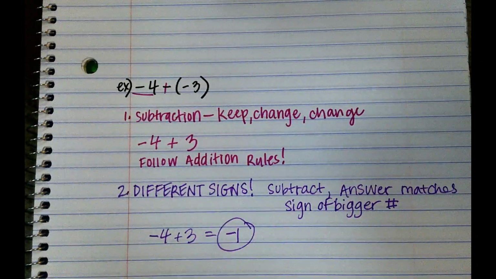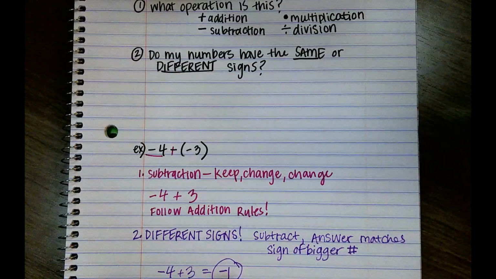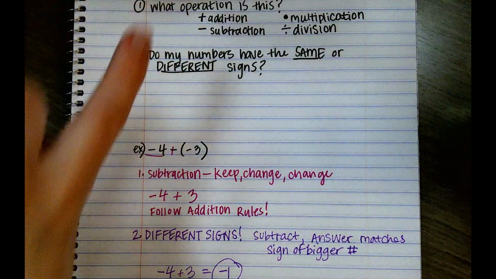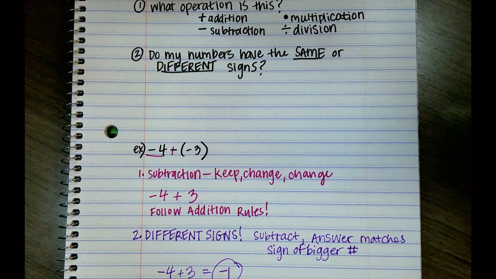So sometimes just going through and making sure we're following these questions that we ask ourselves when we look at a problem. Stop and think, what operation am I using? Don't just think, oh, negative and negative makes positive, because that's only for multiplication and division.